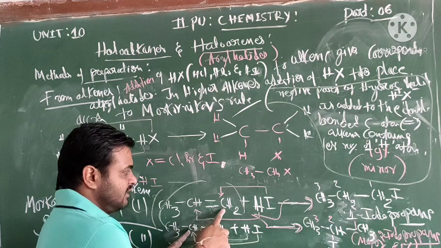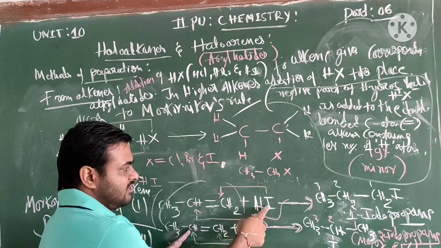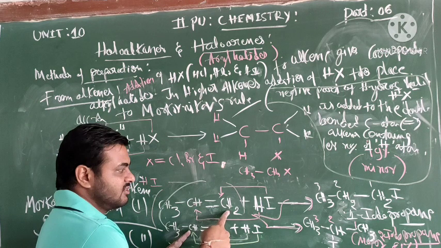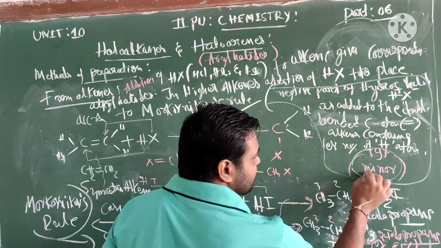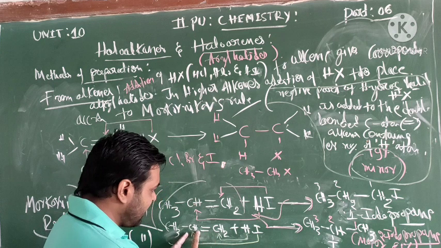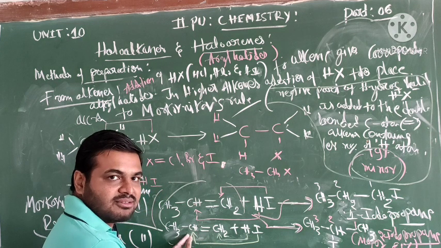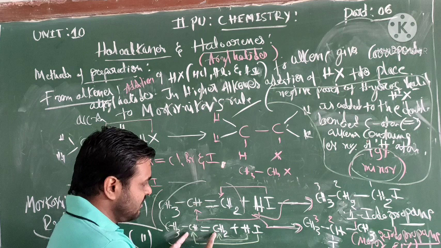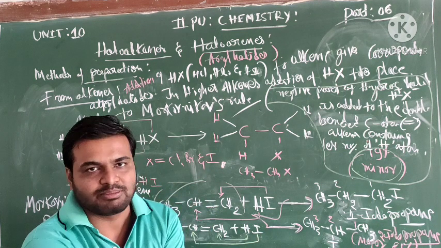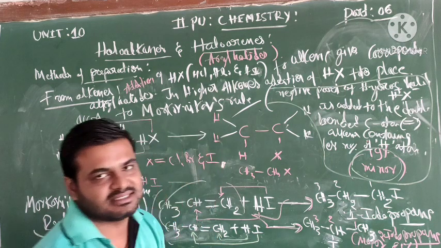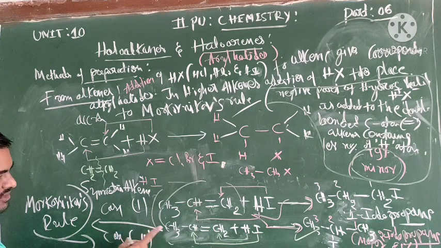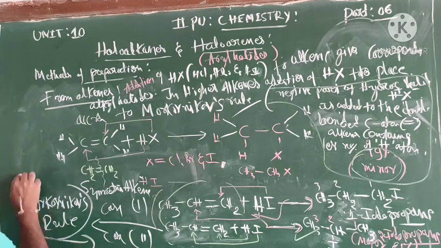So in this hydrogen halide, iodine is added to the carbon with fewer hydrogen atoms, not the one with more hydrogen atoms. This is minor. Okay, the iodine is added to the alkene double bonded carbon atom with fewer hydrogen atoms. This gives 2-iodopropane or 2-halopropanes. So this is called major. This is the Markovnikov rule, the major part.